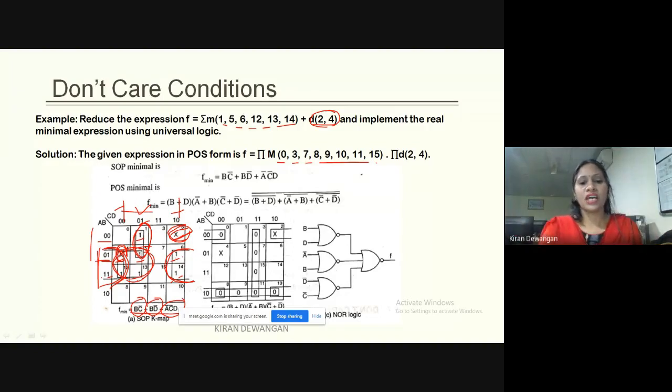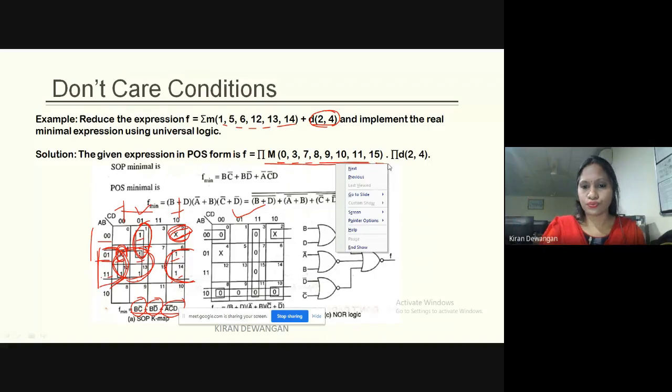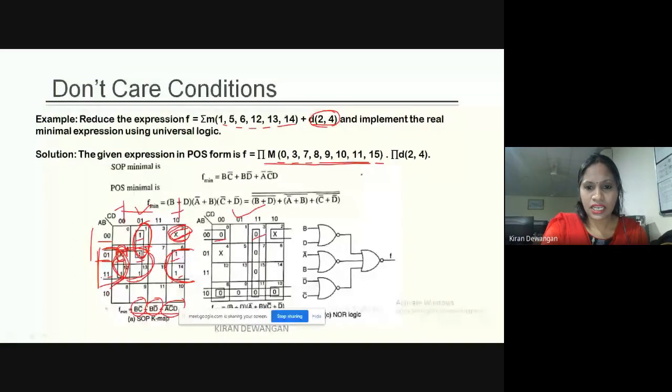Okay? Now coming to the POS form of the expression. For the POS form, we can map these max terms as a 0. Clear? So if we are mapping it, we have 0, 3, 7, then 8, 9, 10, 11, 15.